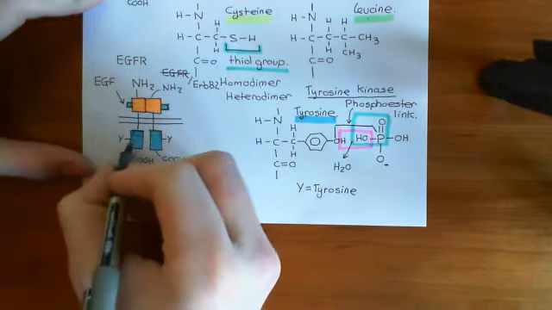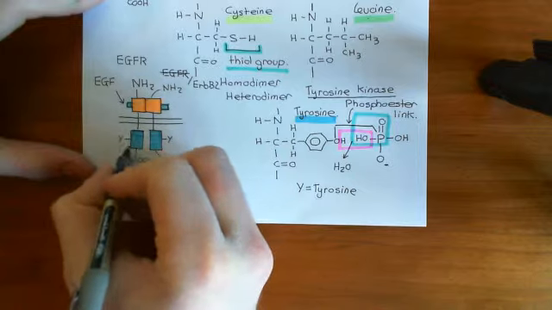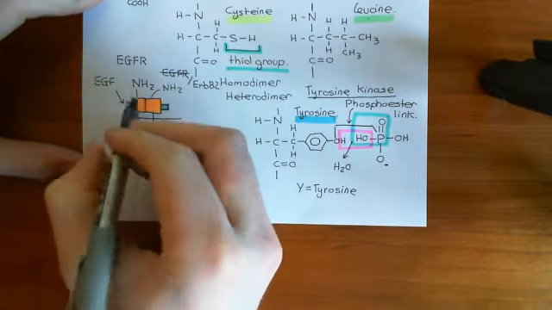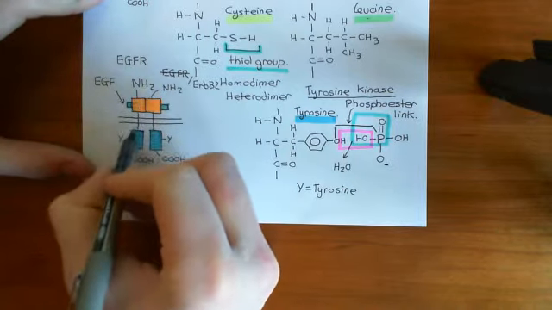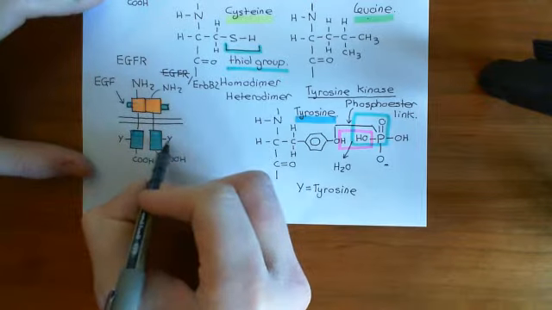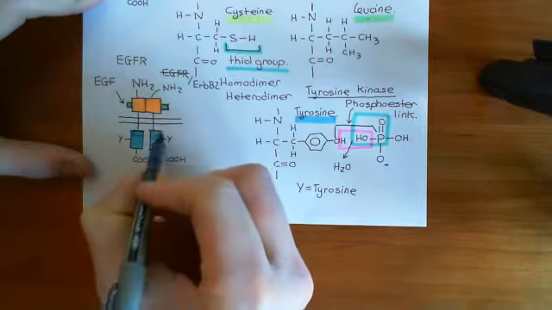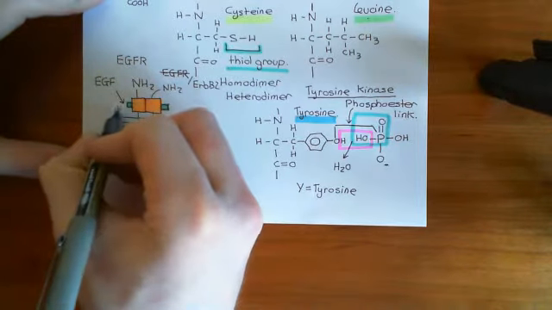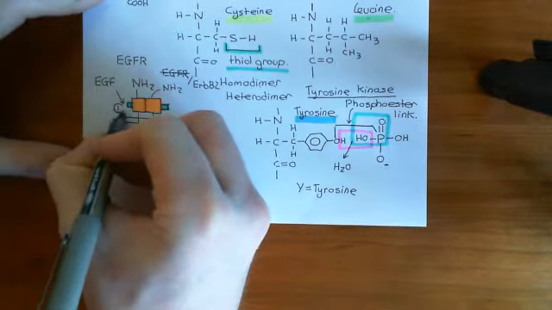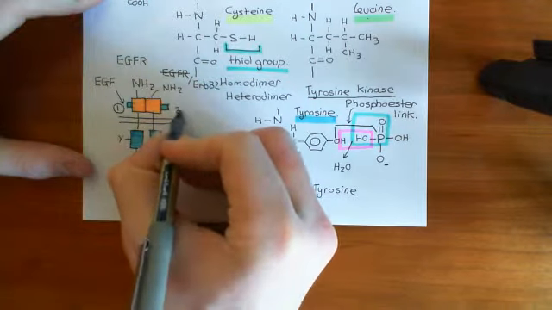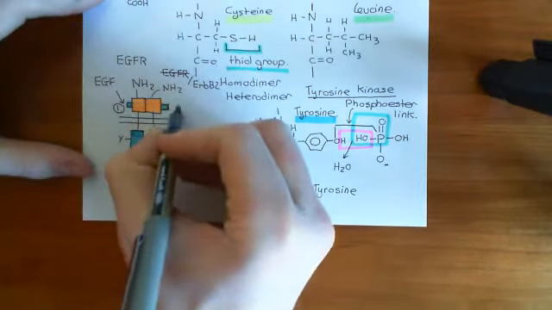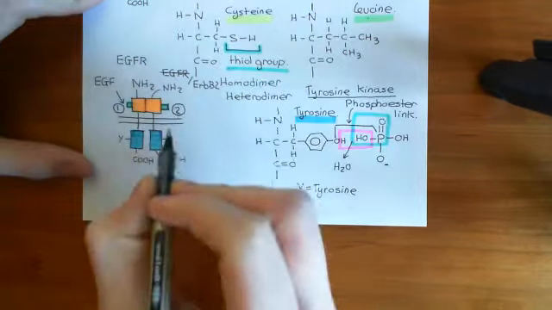Now, what's going to happen is the tyrosine kinase domain on this first receptor tyrosine kinase is going to phosphorylate the tyrosine on the tyrosine kinase domain of the second receptor tyrosine kinase. It will help to label up these receptor tyrosine kinases here, so let's label this first one as number 1 and the second one as number 2.